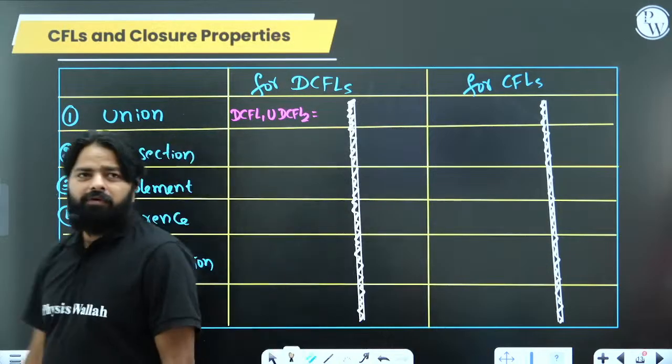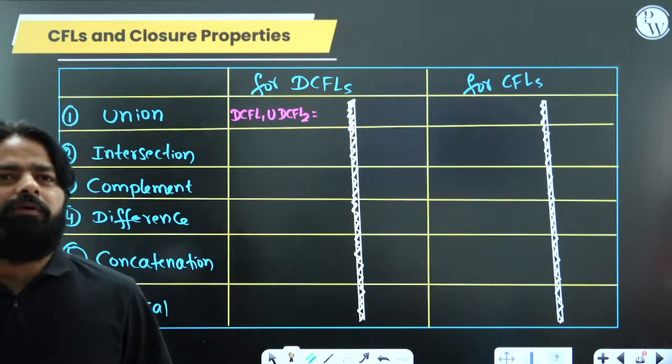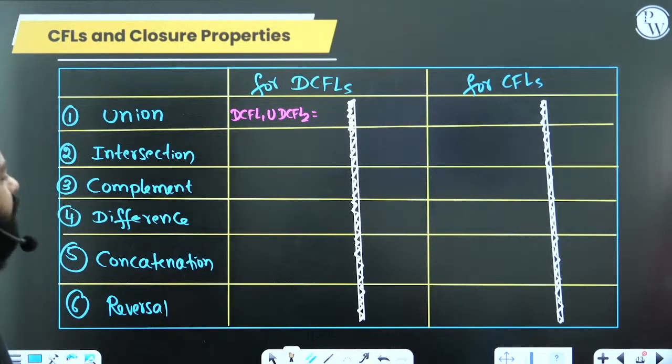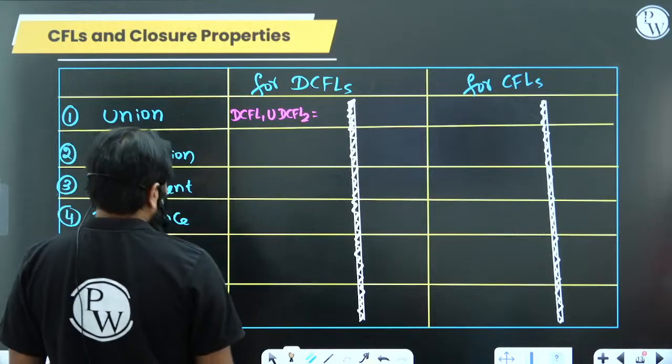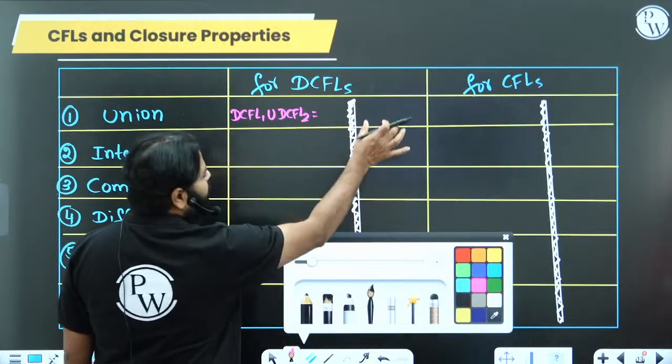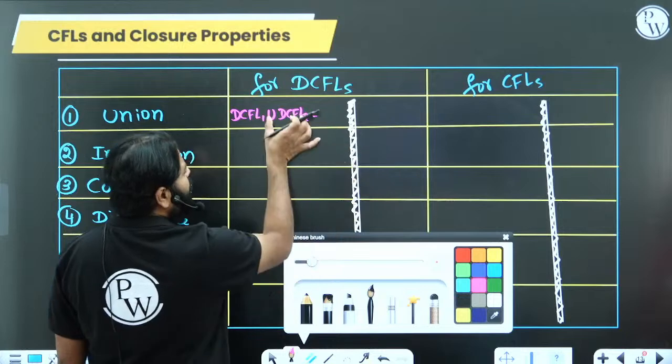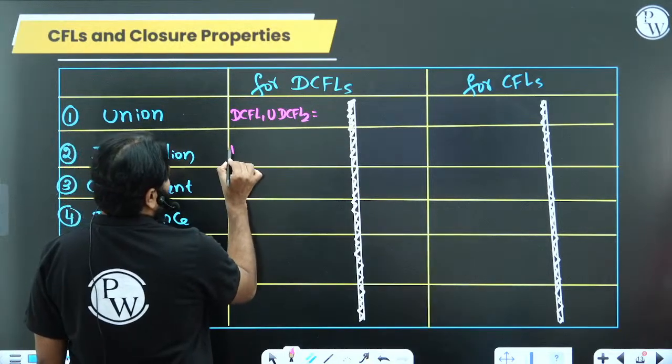Started answering it: union, intersection. What will happen? This side is the answer, closed or not closed. On this side I need the exact answer. What happens if I do them?